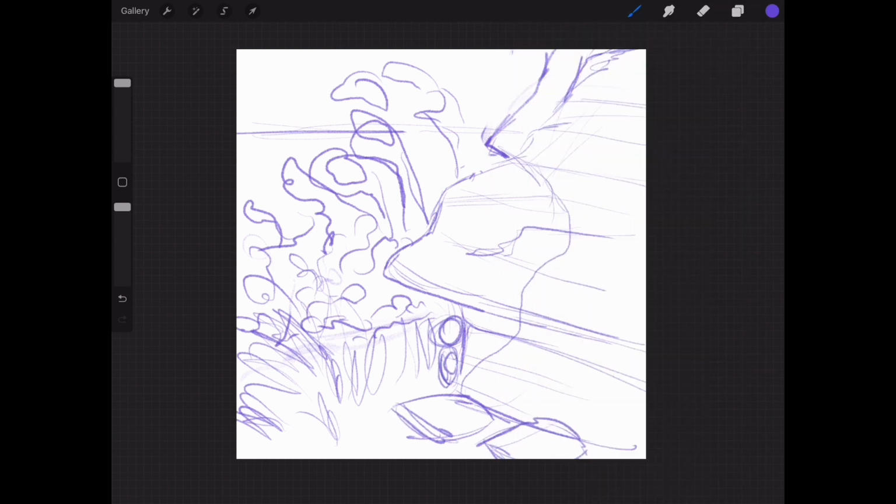So here I'm drawing a potential setting for my novel with a couple of potential characters put in there for scale, though I'm not really going to draw out the characters this time because I haven't quite designed them. I haven't figured out what they wear or how they do their hair or anything like that.